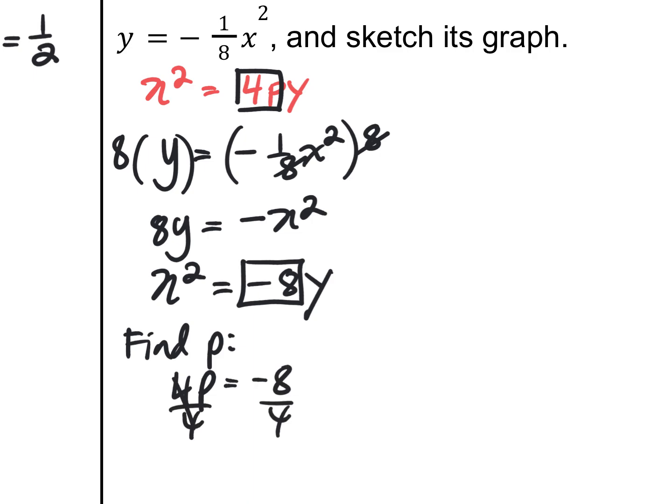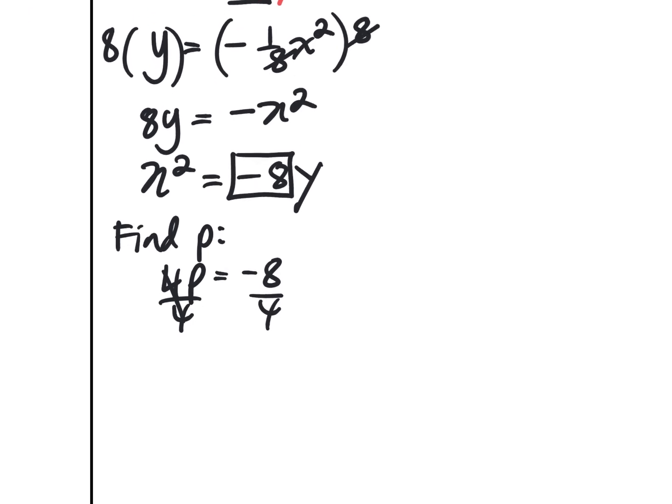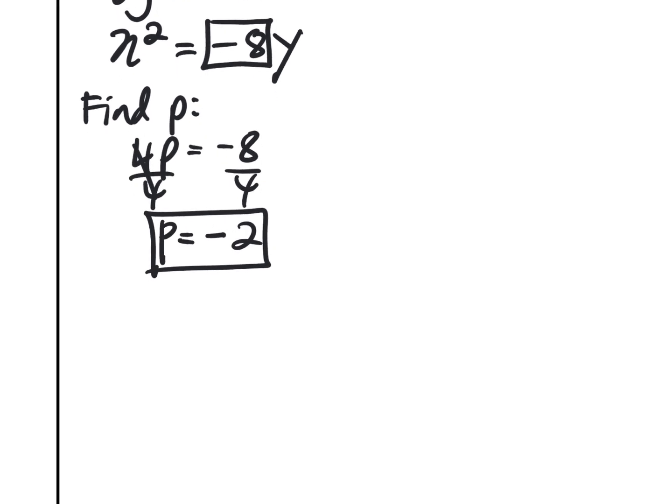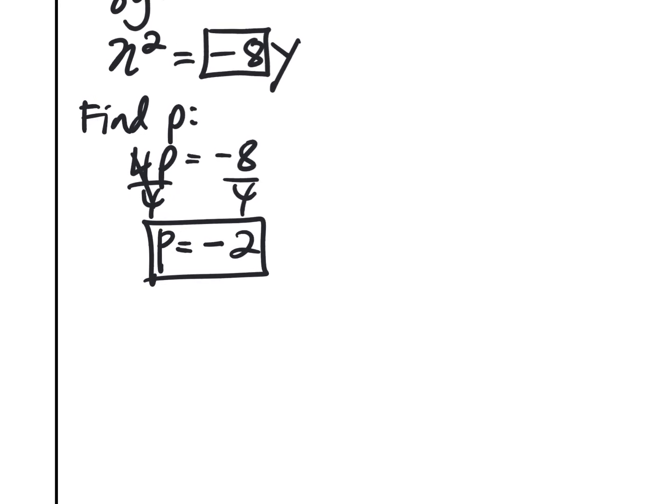This is going to give me -2. So -8 divided by 4 is going to give you -2. What does it tell me more? Because my p is -2 and -2 is less than 0, my graph is going to be opening down.